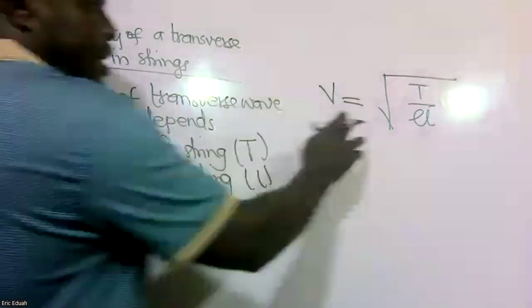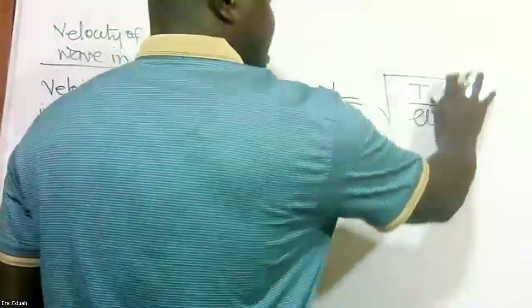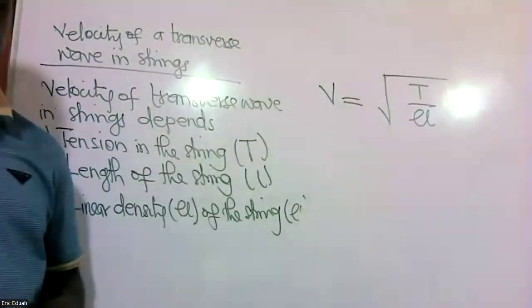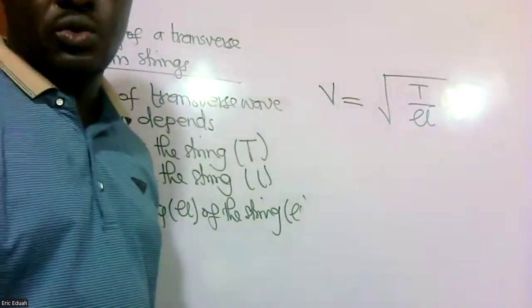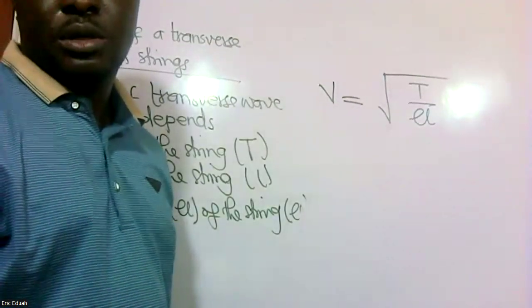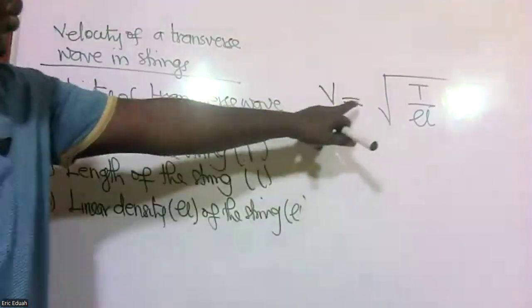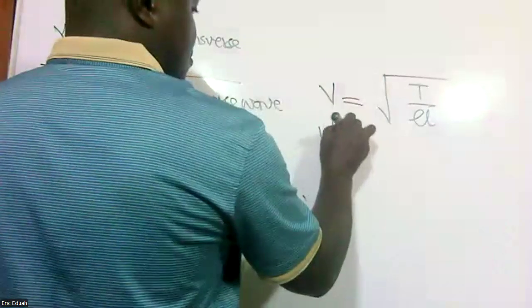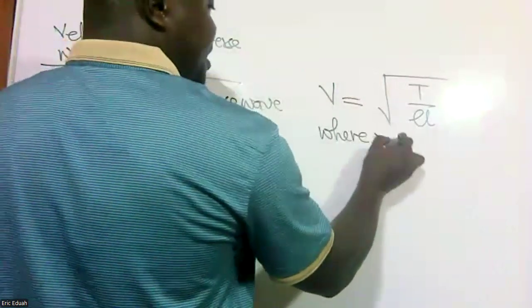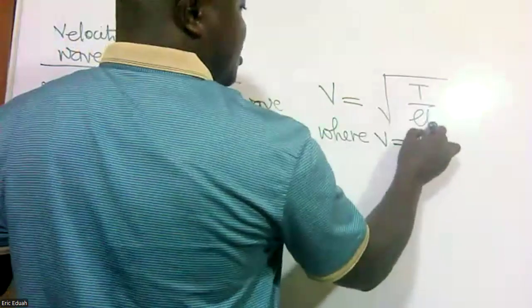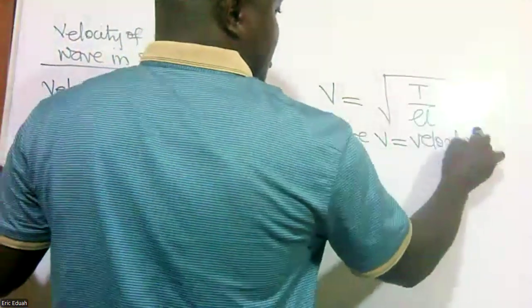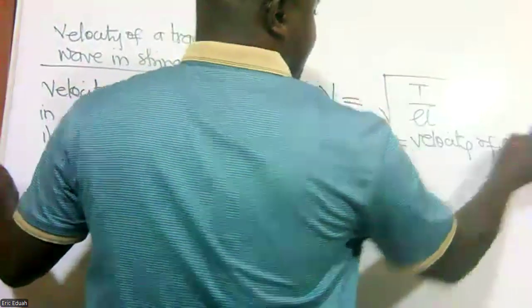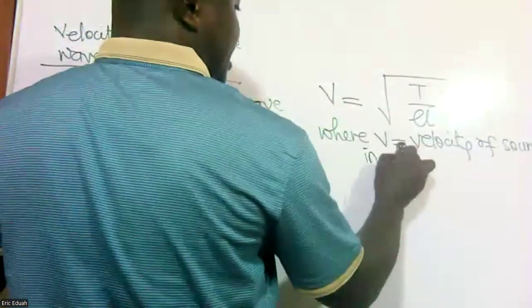But velocity of sound in string is equal to this: V is equal to the square root of T over mu, where V is equal to velocity of sound in air.